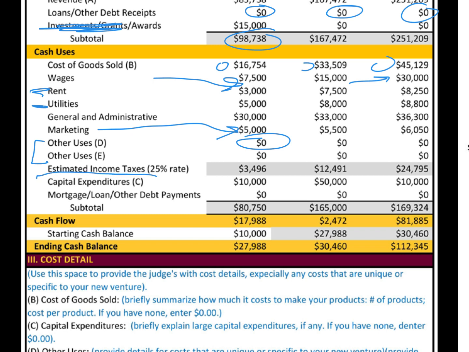Capital expenditures, significant items that you need to purchase for your business. So let's say you're going to purchase a building because you are a Main Street type business. The cost of that building would go here, okay? If you're paying for it all in 1 year. If you're leasing or renting, that would come up here, right?